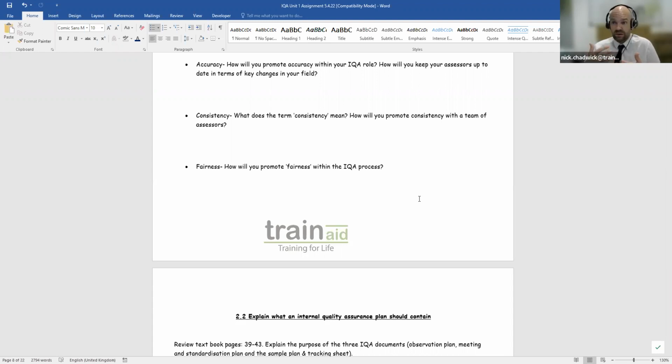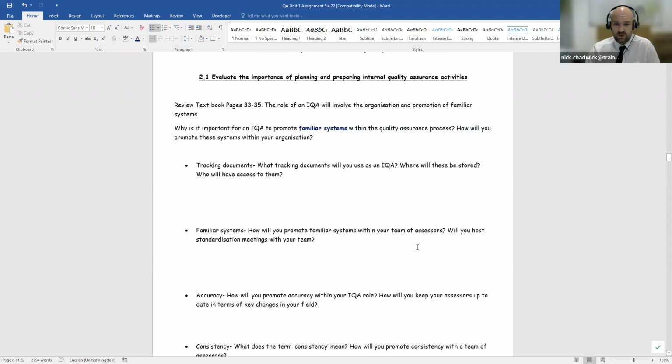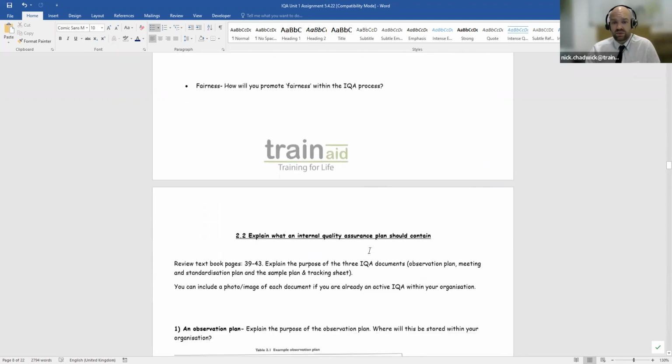You could have a sample plan where every assessor is going to be assessed and their work is going to be sampled. So how are you going to promote these key terms of consistency and fairness within your IQA role? Once again, do have a look at textbook pages 33 to 35 to help you with that assignment question.